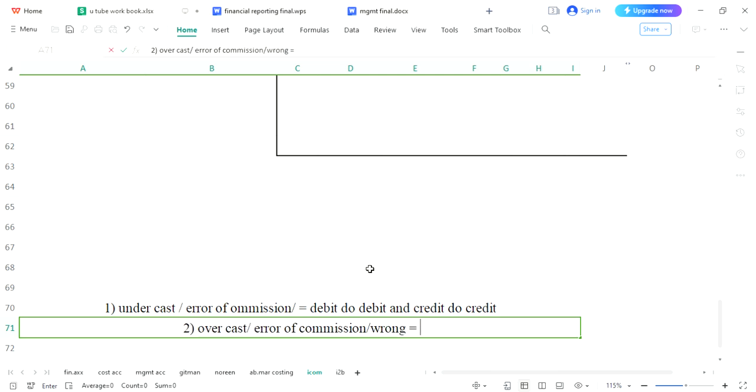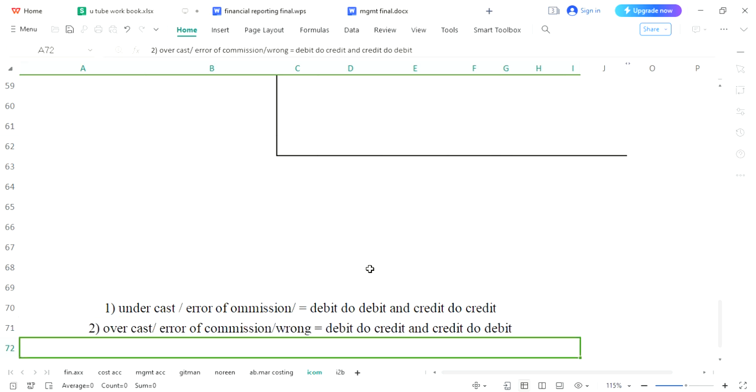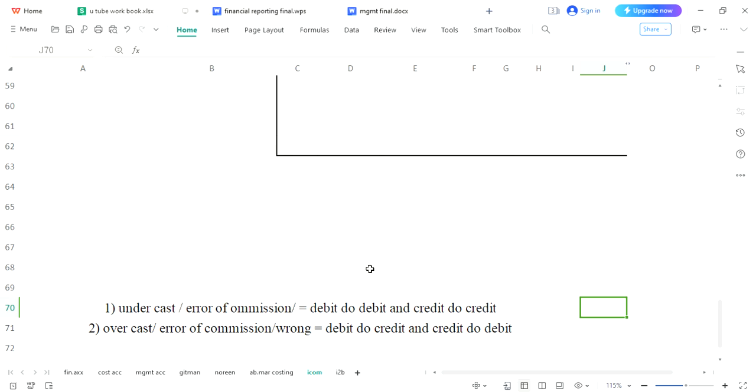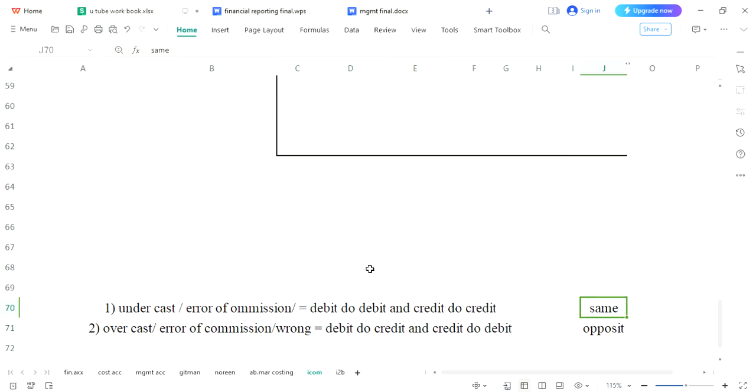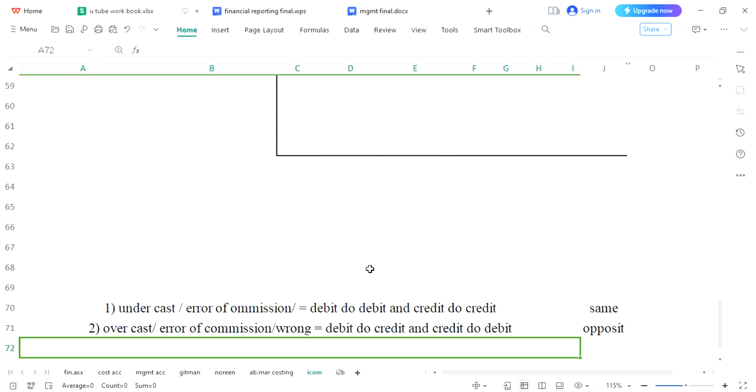And the solution which we have decided: if it is debit, then do the opposite, as credit, and if it is credit, do it debit. On the other hand, you can say same side and here opposite side. In case of undercast, you will choose the same side. In case of overcast, you will choose the opposite side. This we have already discussed.